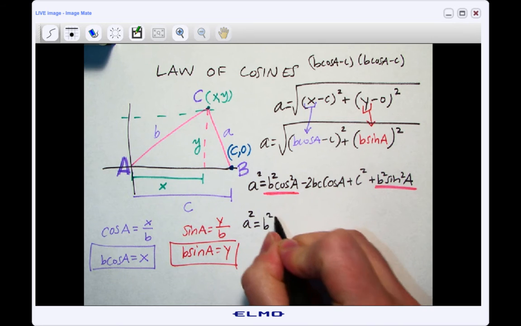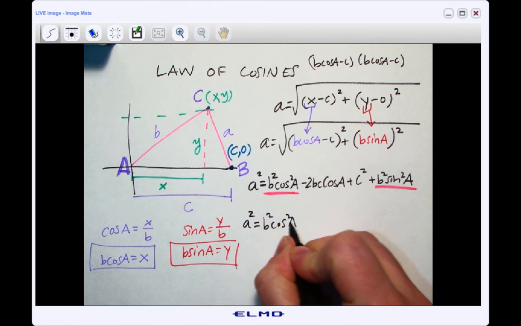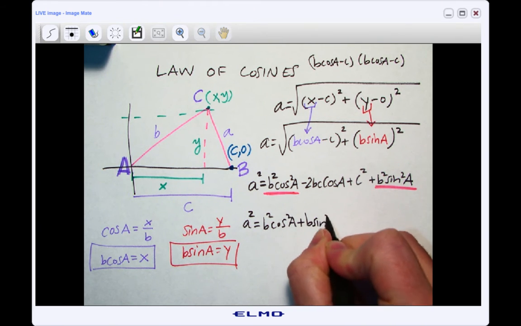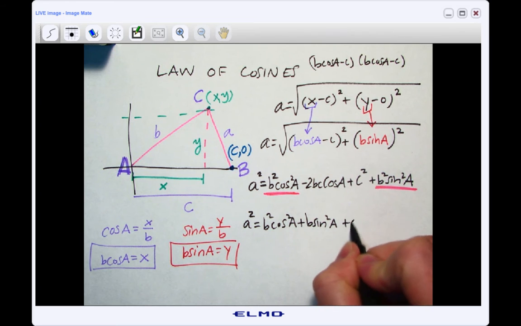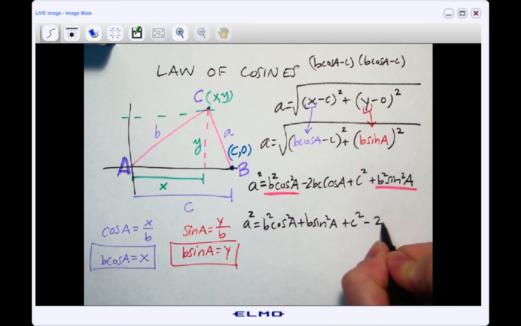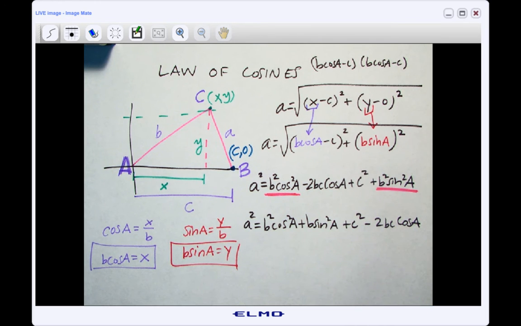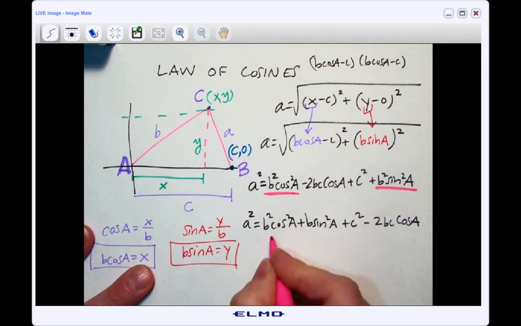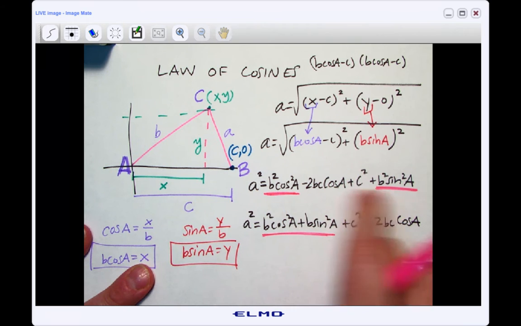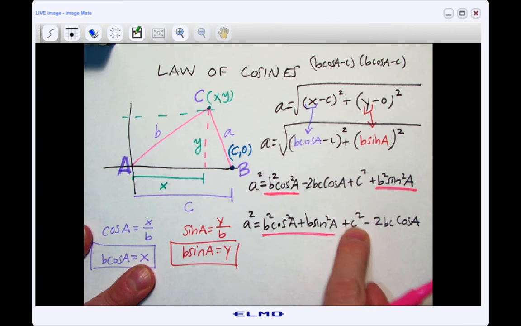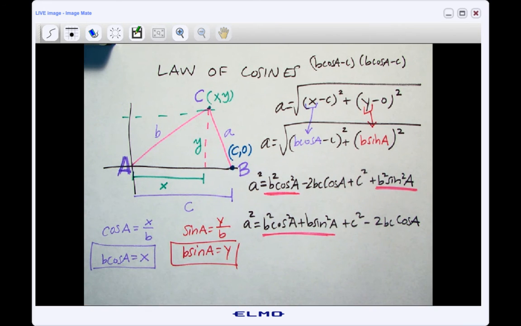So I'm actually going to write them together. And I'll just do plus c squared, and what else is up there? Minus 2bc cosine A. So the rest I just carried down. I moved these two together. You see them? That was these two. I just moved the c in front there. Then I just wrote the rest of the stuff.